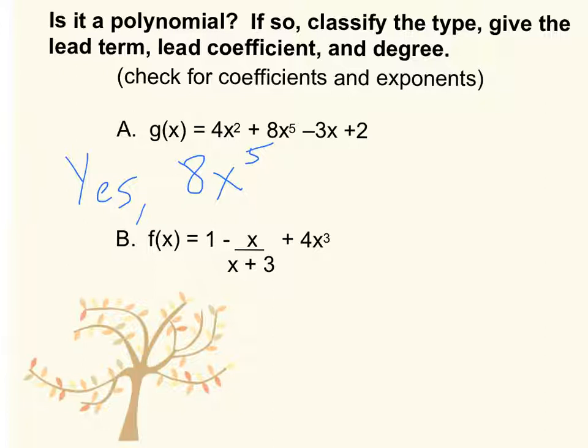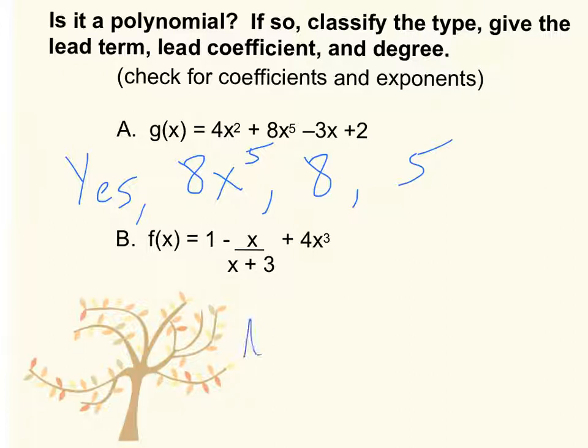It has the highest power, which is the 5th, meaning that's the leading term. That means 8 is the leading coefficient, and the degree of that polynomial is 5.